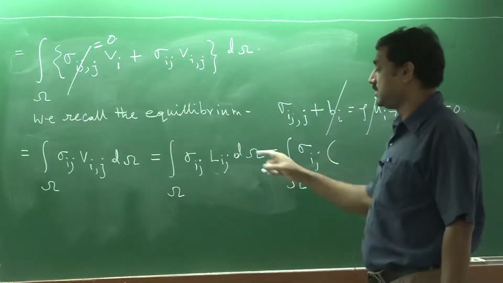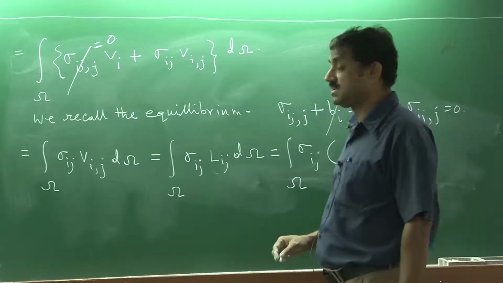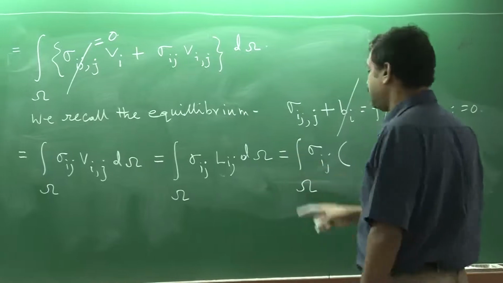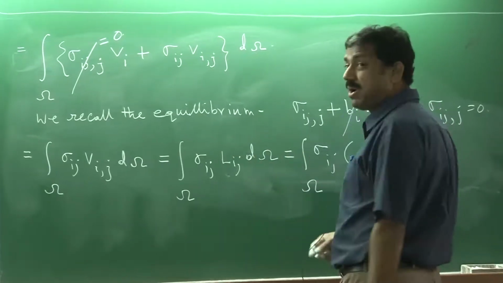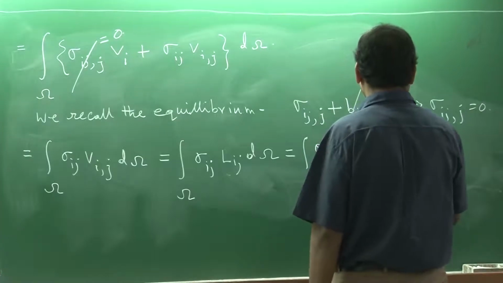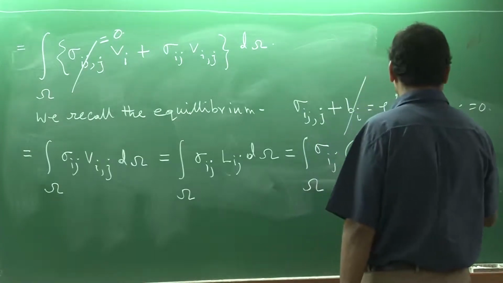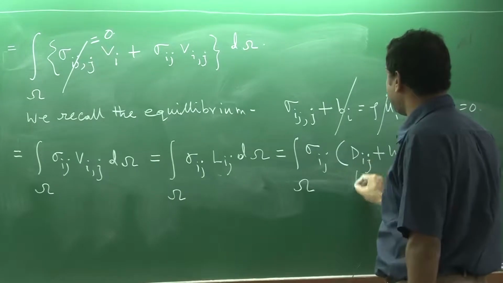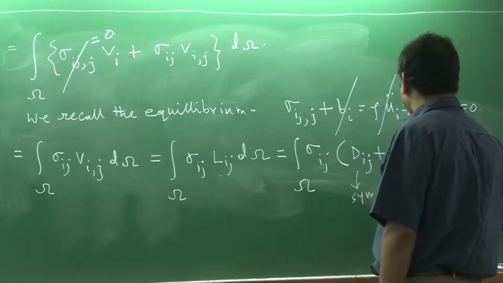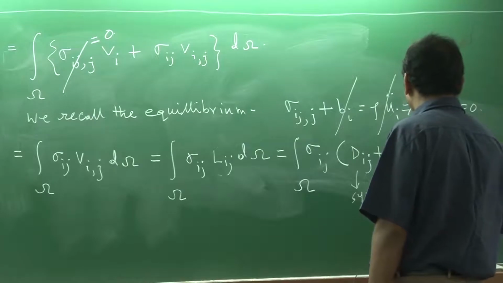This is a square tensor, and it can be decomposed into a symmetric tensor and a skew symmetric tensor. So, we have decomposed it in terms of the rate of deformation tensor and the spin tensor. The rate of deformation tensor D is symmetric, and W is the antisymmetric or skew symmetric one, right.